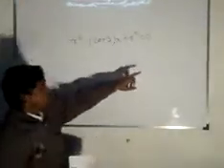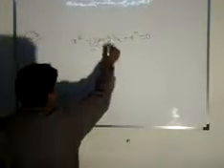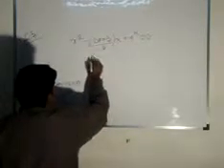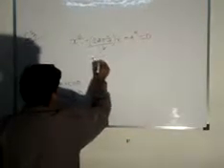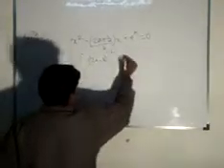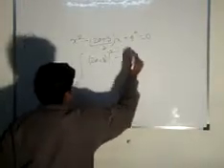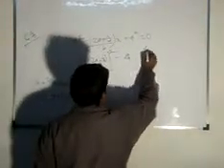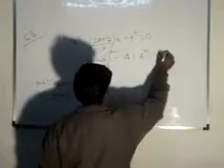Similarly, given that this equation has two equal roots, the discriminant is b square minus 4ac. Here b is minus (2a plus 3), so b square is (2a plus 3) square, minus 4 into a is 1, c is 4 to the power n, equals 0.